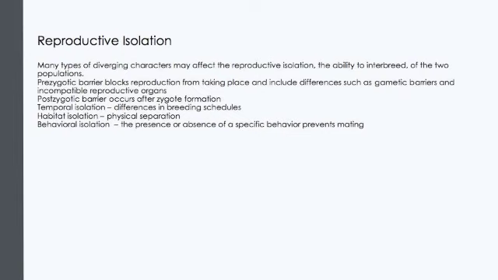This is called behavioral isolation. In many bird species, for example, courtship behavior is so elaborate that individuals are unlikely to mistake a bird of a different species as one of their own kind. In other cases, the egg-producing and sperm-producing structures of different species are anatomically incompatible. This is called mechanical isolation.